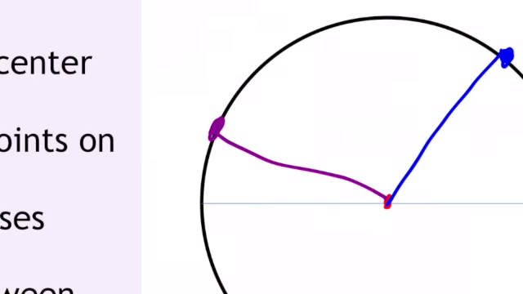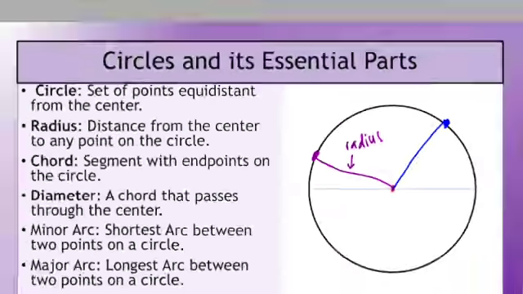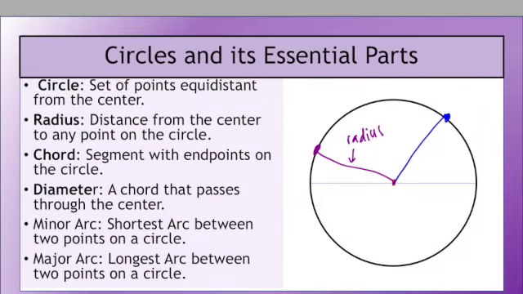So if I zoom in here, this distance, and this should be a straight line, so we're just going to pretend this is a straight line, but this is known as the radius. That's a piece of the radius. And if I were to draw a straight line going from one point of the circle to another point of the circle that goes through the center, then that's going to be known as a diameter.